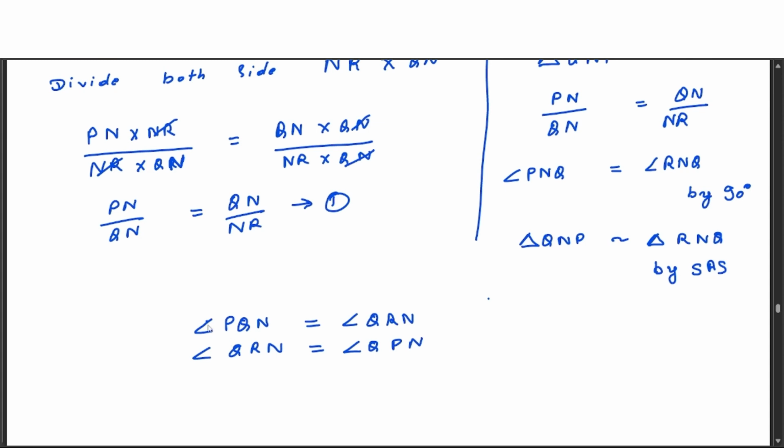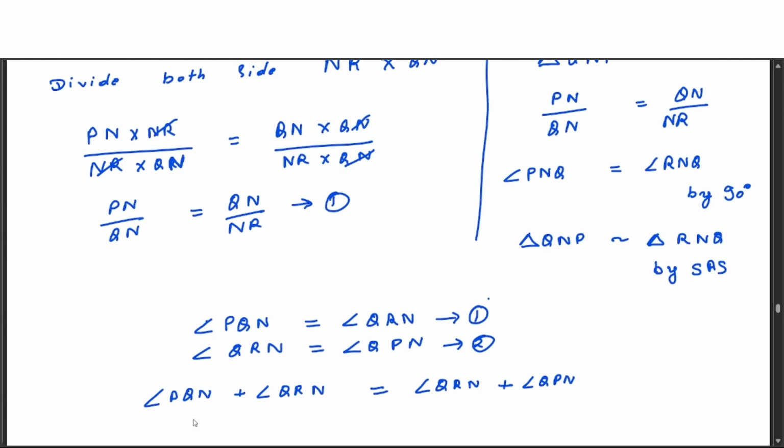Now after all this, we can add these two angles. This is your equation 1, this is your equation 2. So simple we can say angle PQN plus angle QRN is equal to angle QRN plus angle QPN.